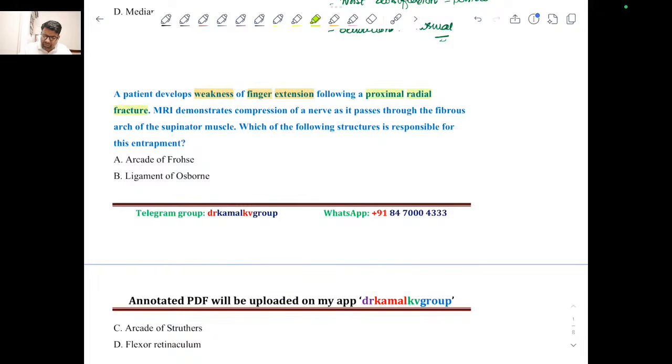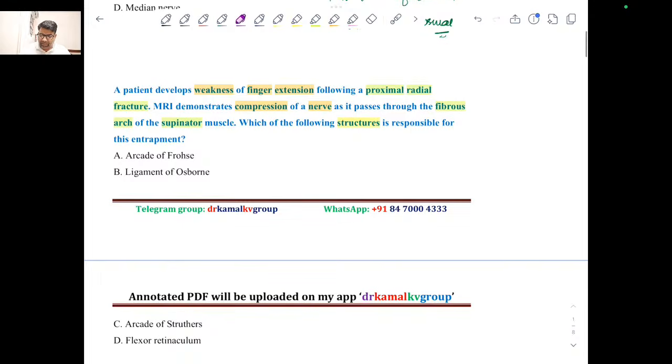Then MRI demonstrates compression of a nerve as it passes through the fibrous arch of the supinator muscle. Now, which structure is responsible for this entrapment? This is slightly difficult.